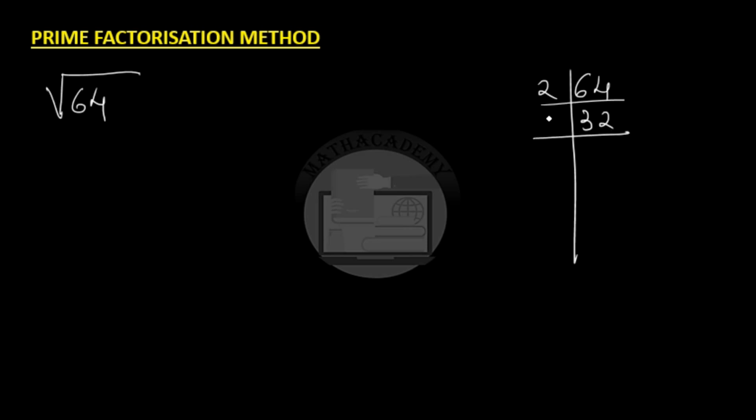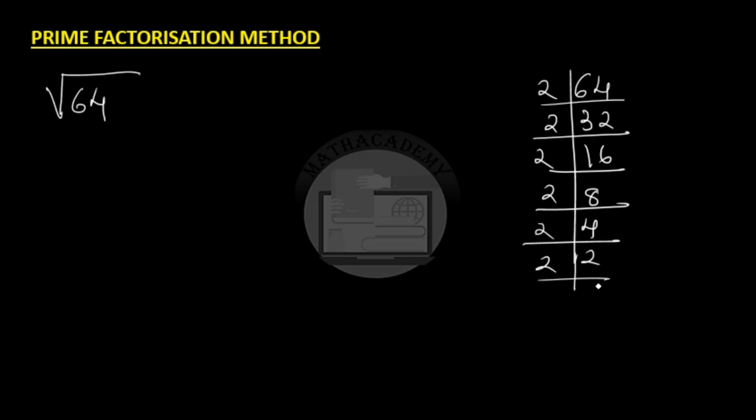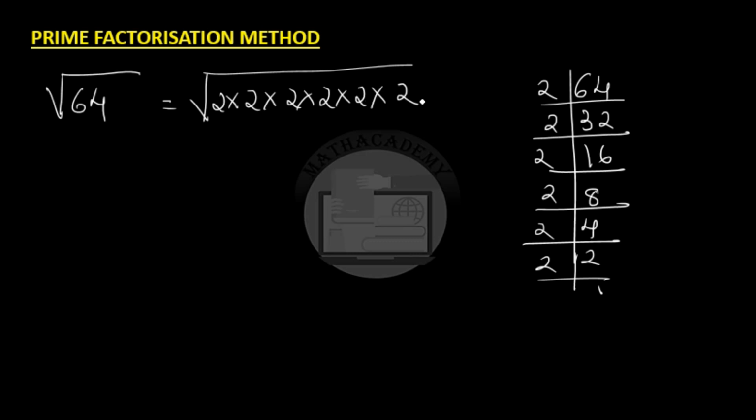2 goes 32 times, 16 times, 8 times, 4 times, 2 times, and then 1 time. So 64 can be written as 2 times 2 times 2 times 2 times 2 times 2.